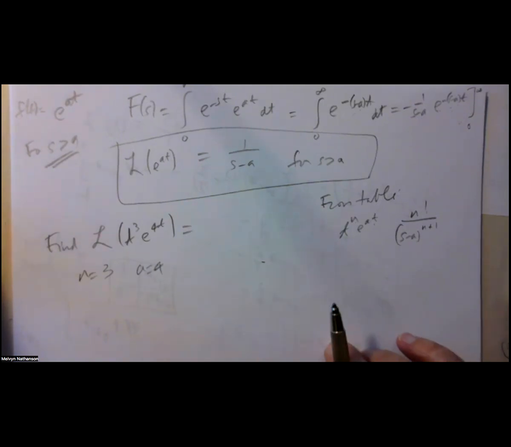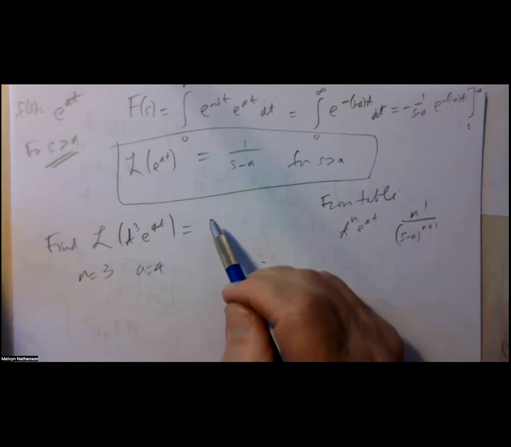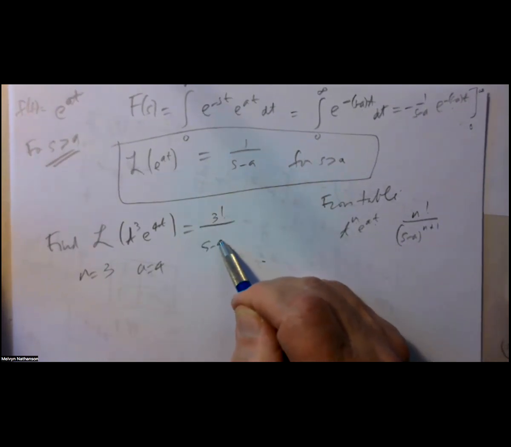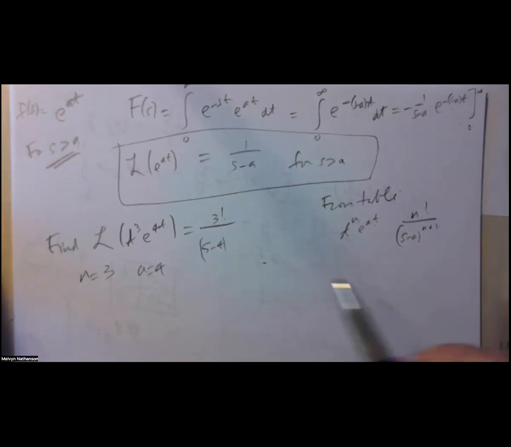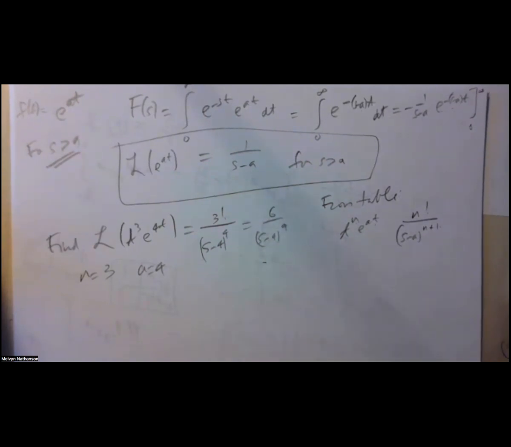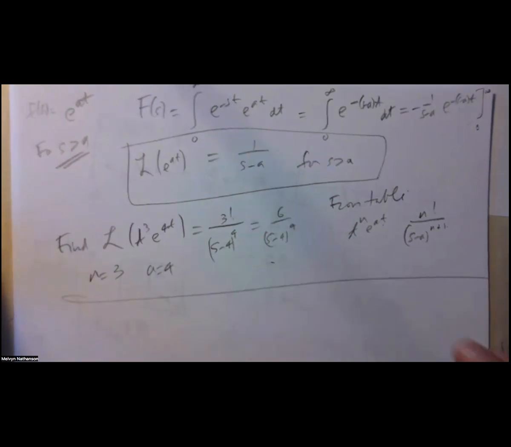So the Laplace transform immediately from the table is n factorial over (s minus 4) to the 3 plus 1, to the 4th power, or 6 over (s minus 4) to the 4th. Any questions about this?